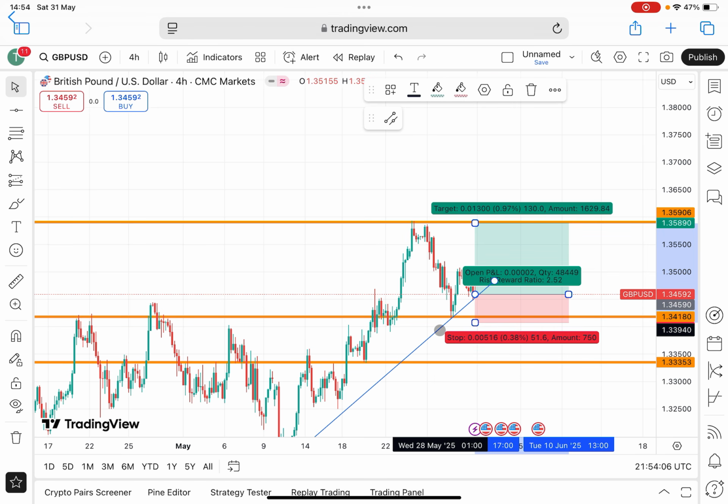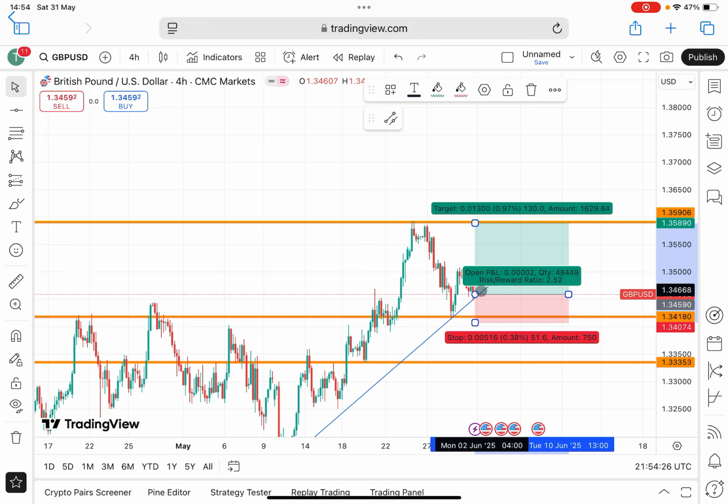So that's 2.52 risk to reward. It will tell you risk to reward 2.52.